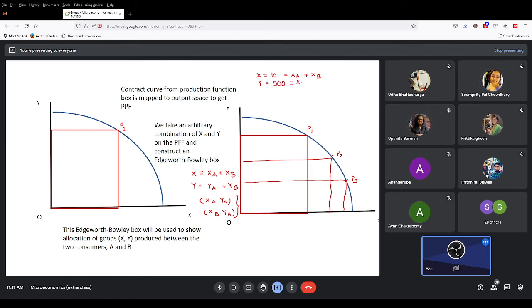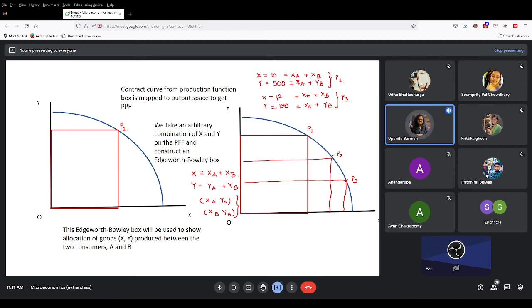Sorry, this should be Y. This is at P1. If I go to P3, then what do I get? What is X? I think Y was 190. So 190 and 25. So it's the reverse.